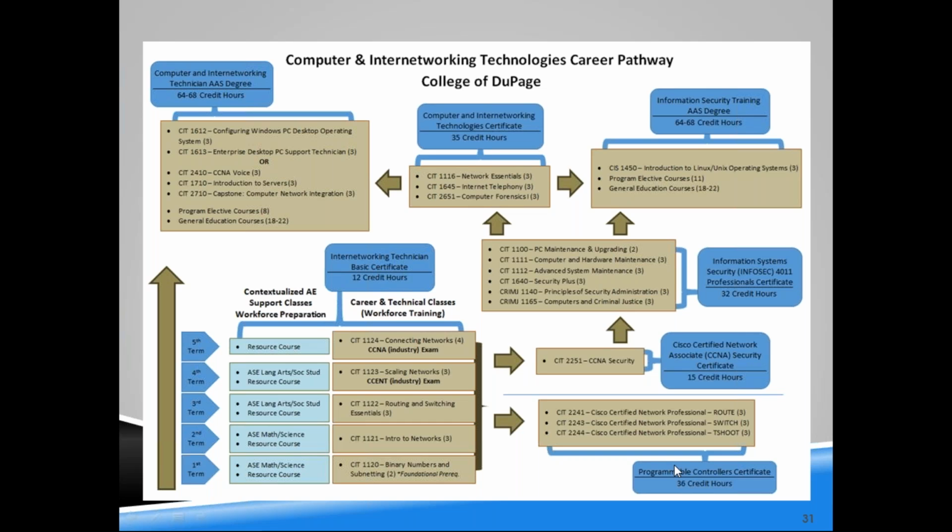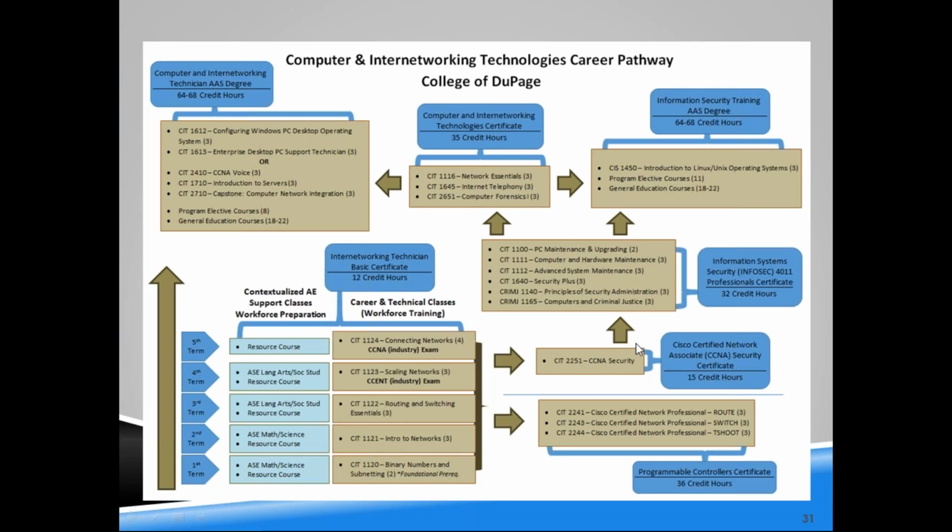That is actually the Network Professionals pathway, the CCNP, Cisco Certified Network Professional, and these are the additional classes that they would take for that pathway. This is a terminal certificate, meaning it does not ladder into anything further. Now, if they choose to, they can get this one and then go on to this next one up here, but this one does terminate in terms of its pathway.